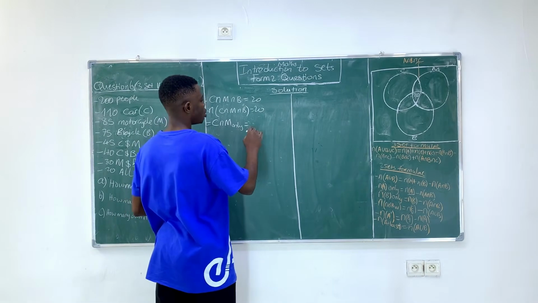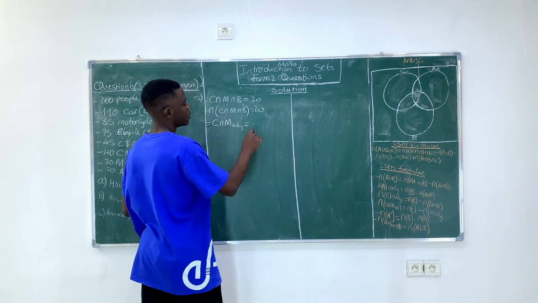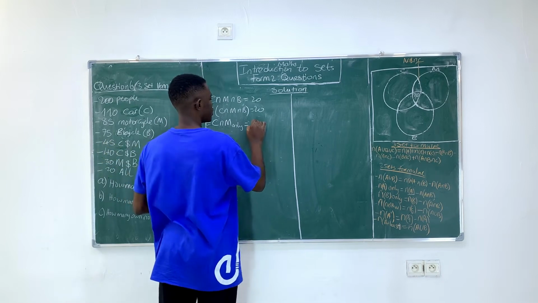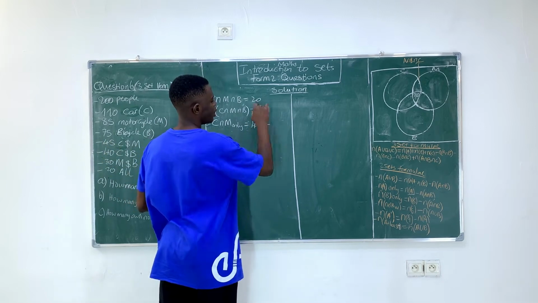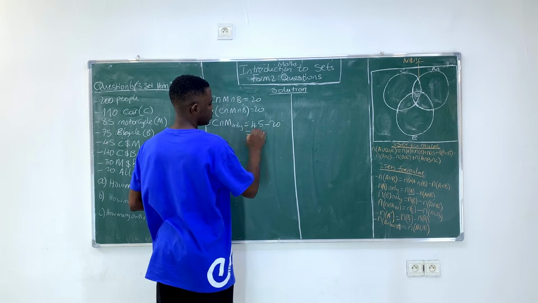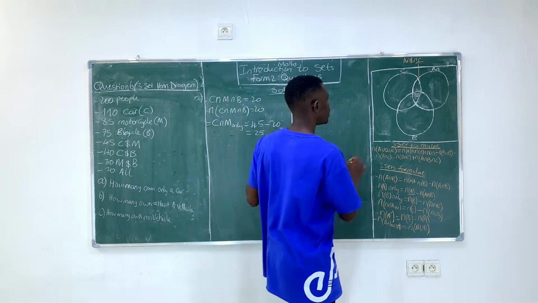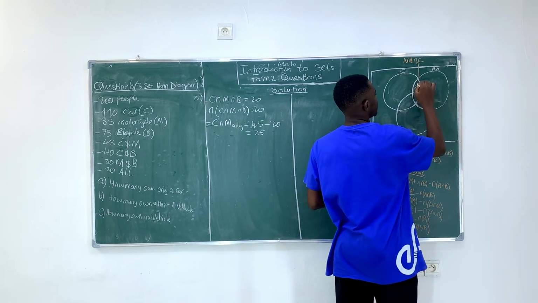The total number of car and motorcycle is 45, minus the intersection, which is 20. That is equal to 25. I put car and motorcycle only as 25.